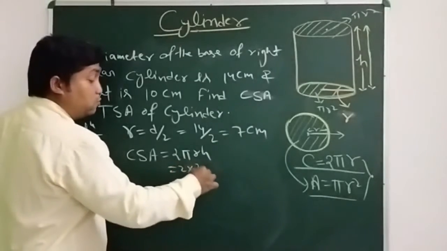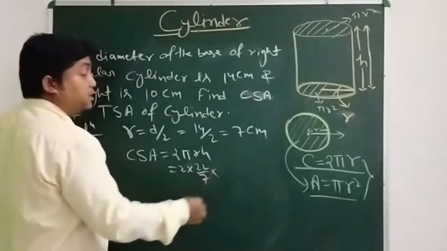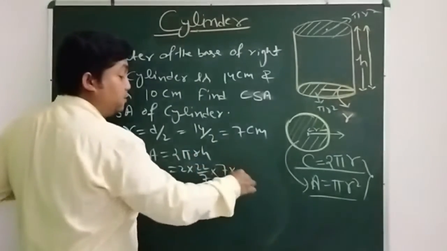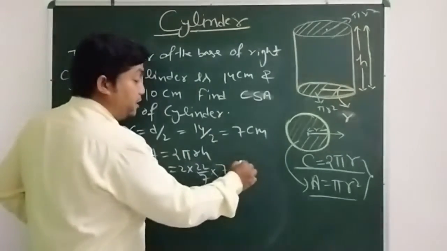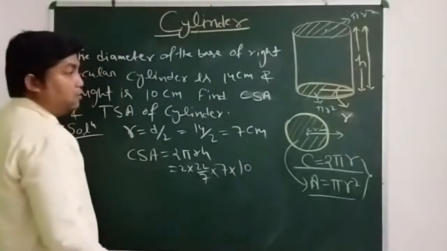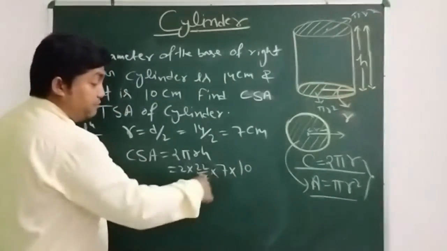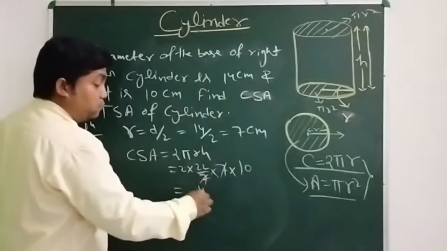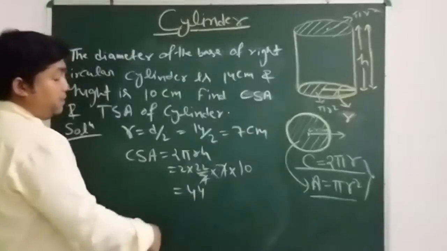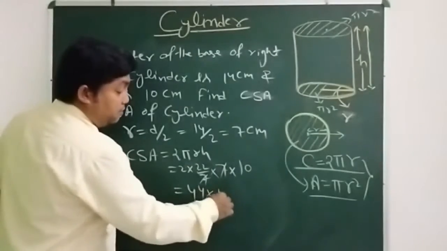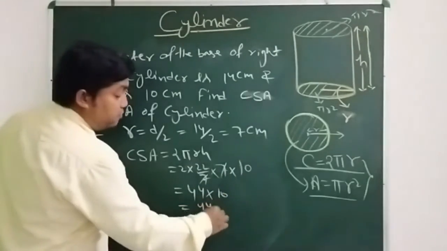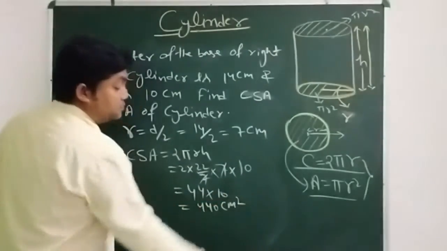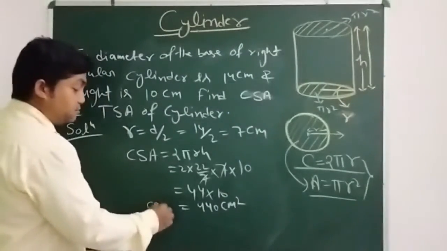So 2 into 22 upon 7 into the radius, that is 7, into the height, that is 10. So 7 cancels out with 7, 2 twos are 4. Then into 10, we have 440 centimeter square, that is the CSA.